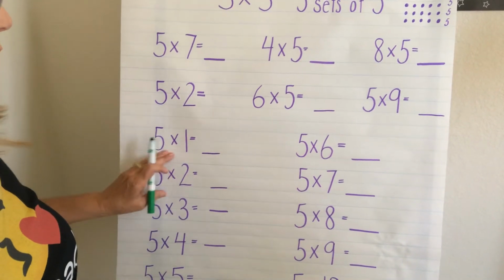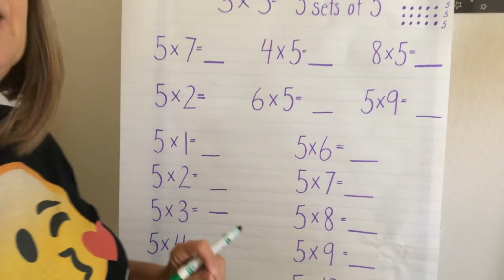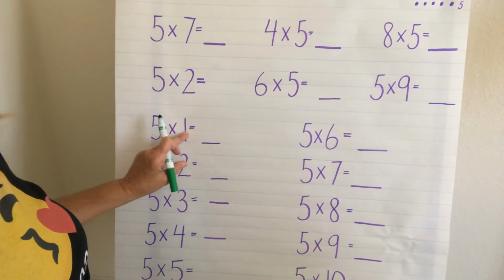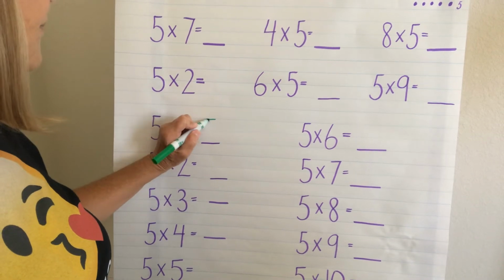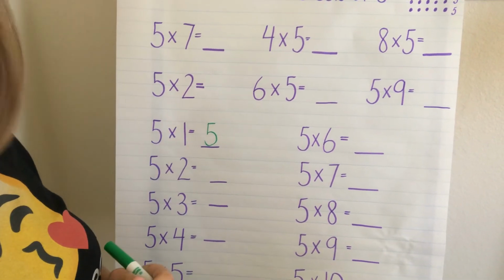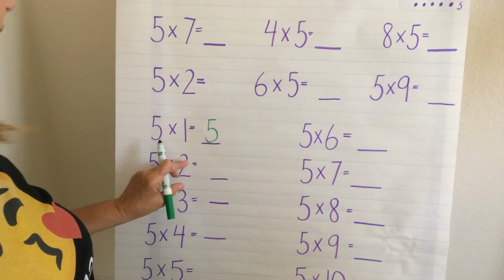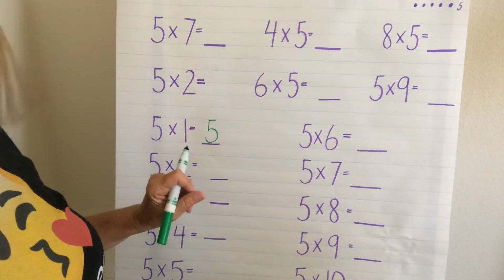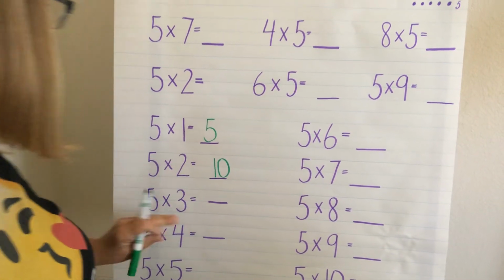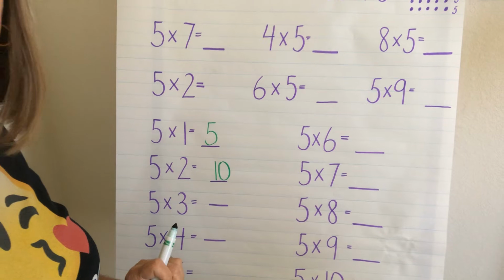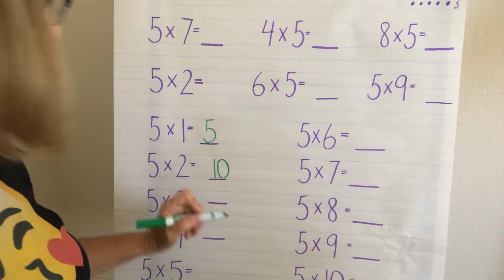Now, I wrote it out the long way down here so we could take a look at it and notice the pattern. 5 times 1 is one set of 5. So that answer is just 5. 5 times 2 is 2 sets of 5. 5, 10. That answer is going to be 10. 5 times 3. 3 sets of 5. 5, 10, 15.